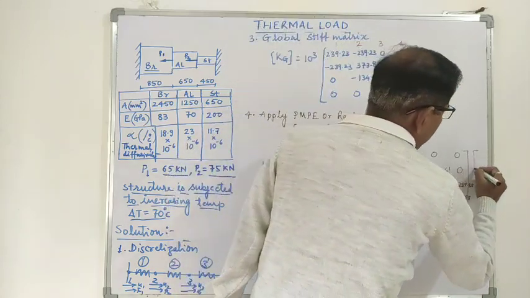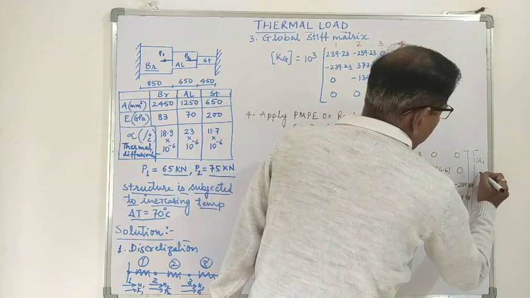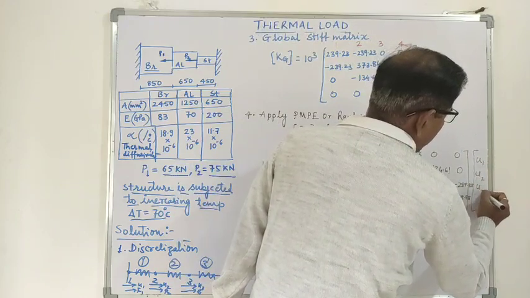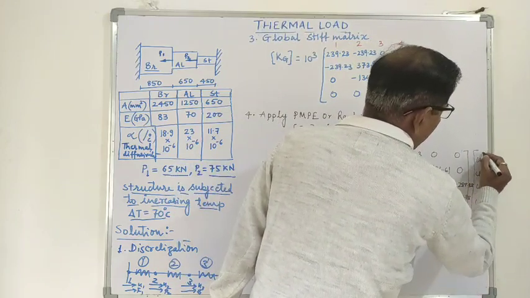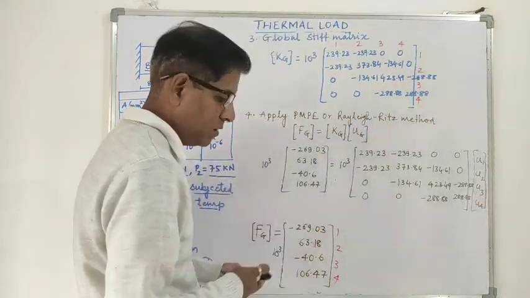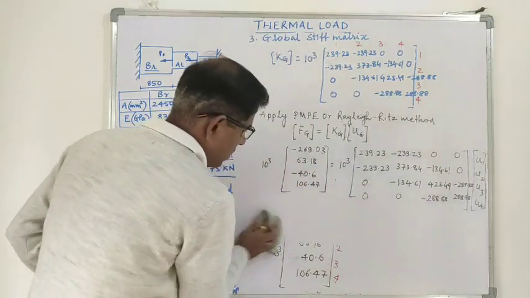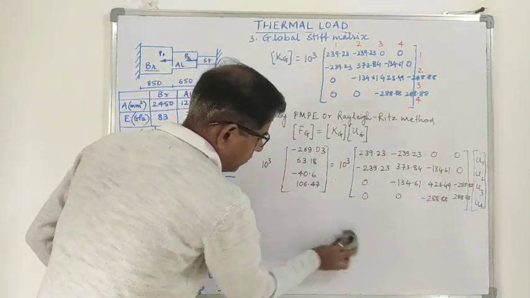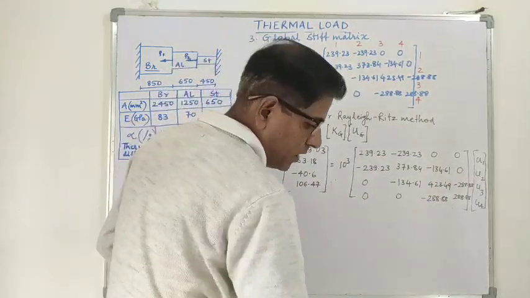And then the global displacement matrix, that is U1, U2, U3, U4. So we have applied the PMP.